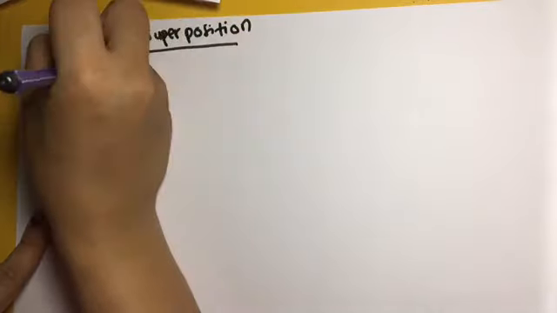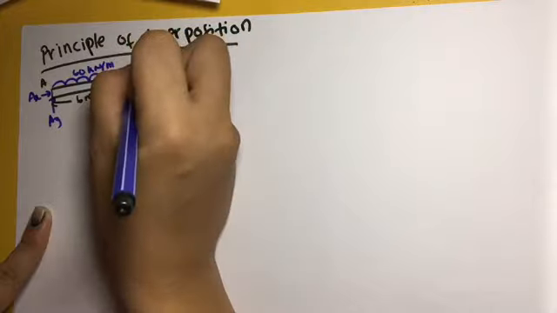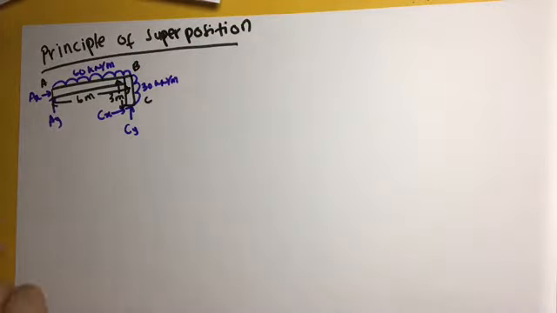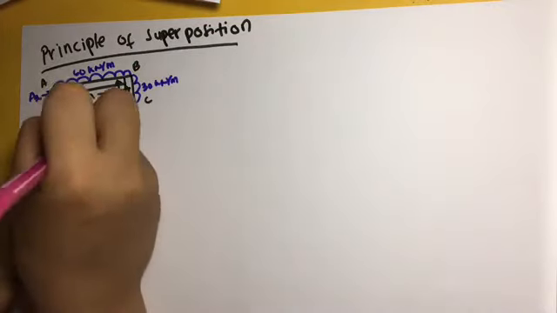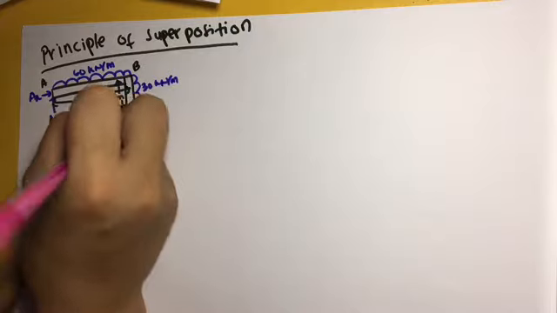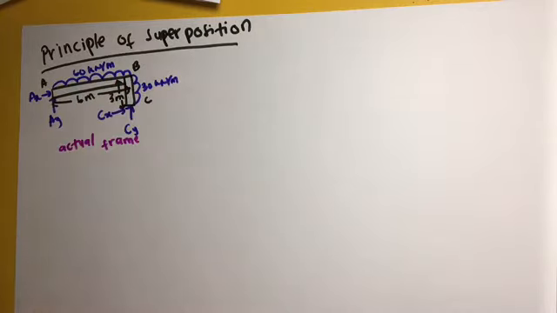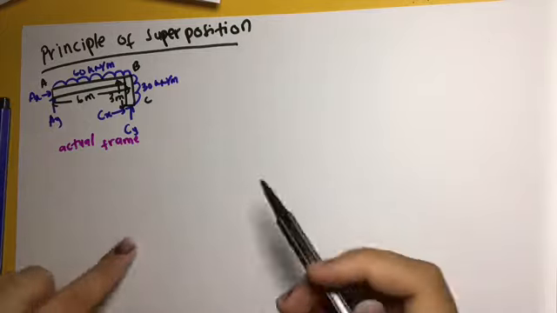This is a distributed load between A and B, it says 60 kilonewton per meter. B and C, you got 30 kilonewton per meter. So this is called the actual frame.